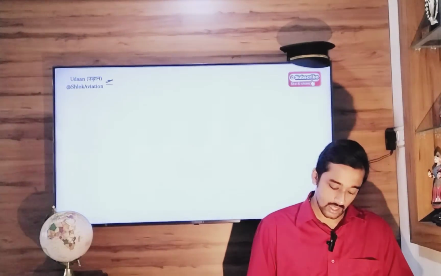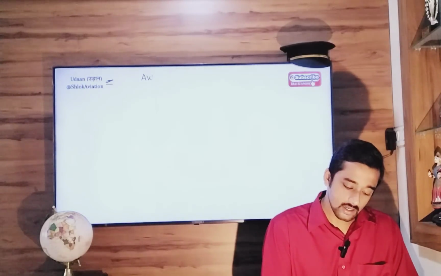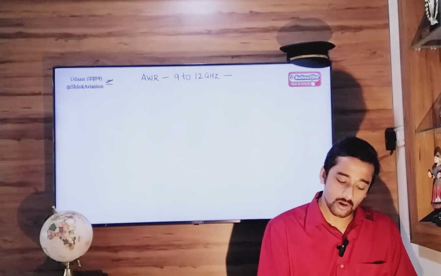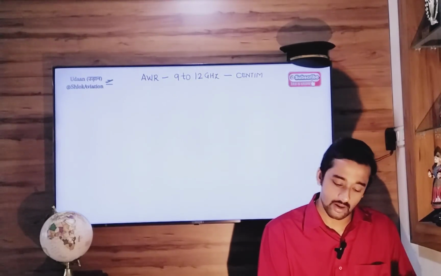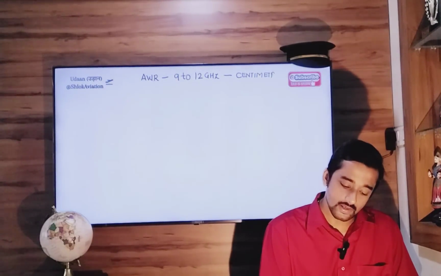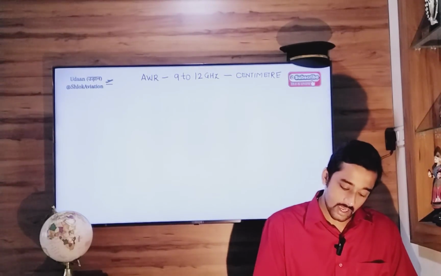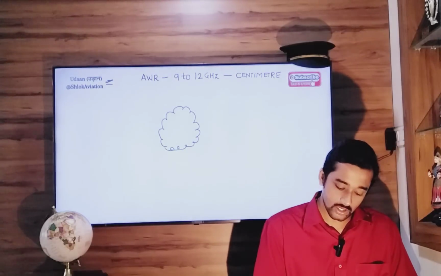Get good returns. Now, the frequency band in which airborne weather radar operates, 9 to 12 GHz, has a corresponding wavelength of about 3 centimeter, 30 millimeters. What we are concerned about is large water droplets.